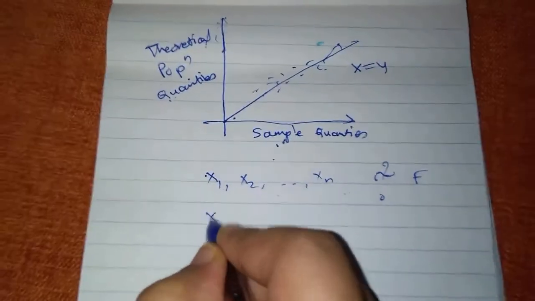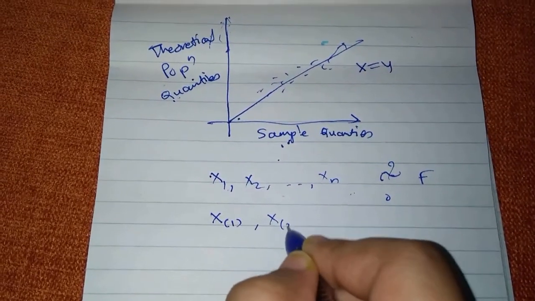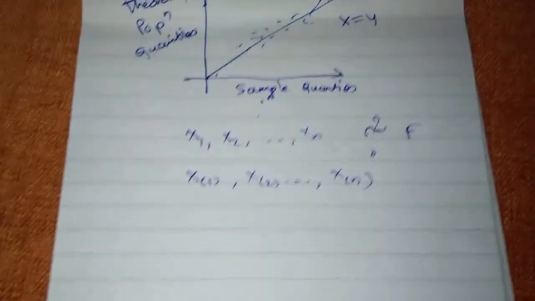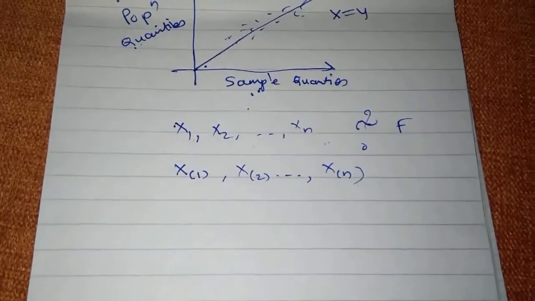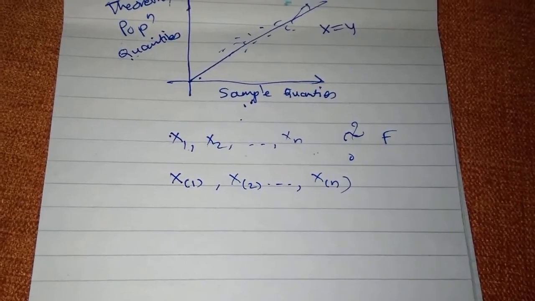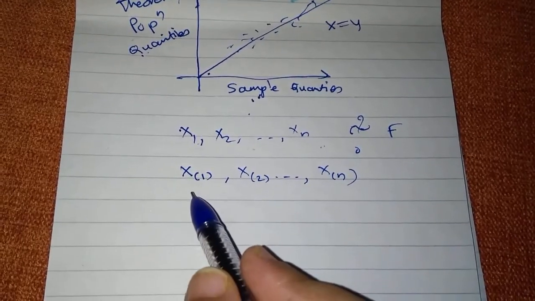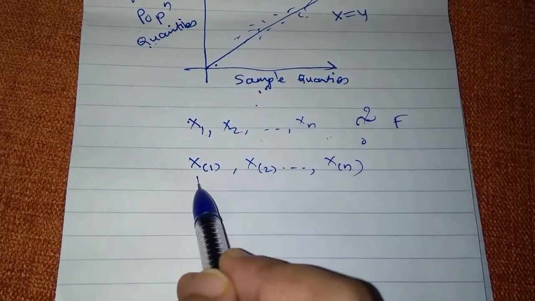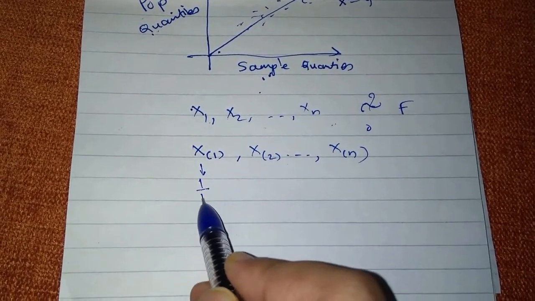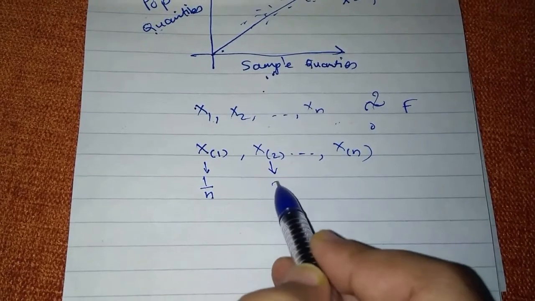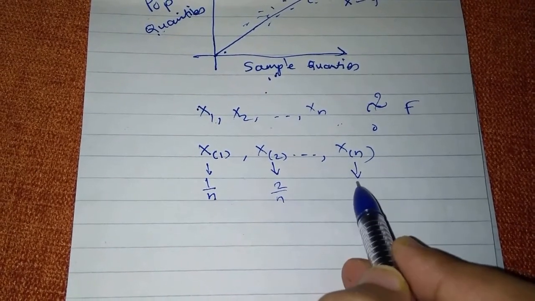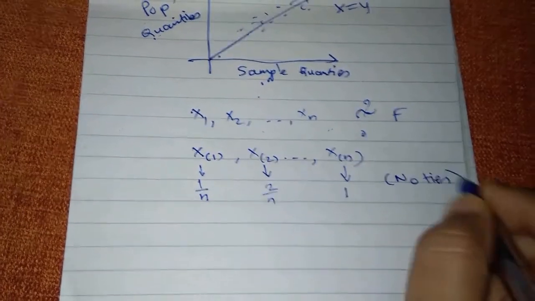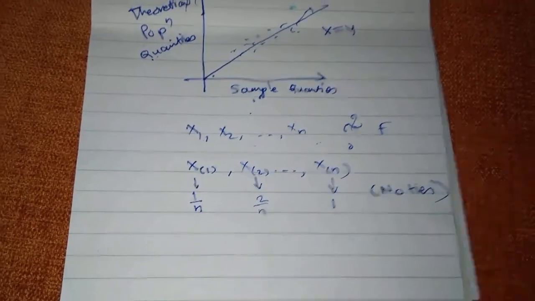If I order them and consider their order statistics, x ordered 1 up to x ordered n, then from the empirical CDF, which I hope everyone remembers from BSc, at x ordered 1 the empirical CDF is 1 by n, at x ordered 2 it is 2 by n, and at x ordered n it is 1. Of course, I am assuming no ties because we will mostly be dealing with continuous distributions.